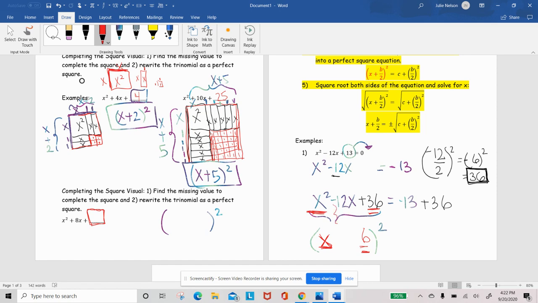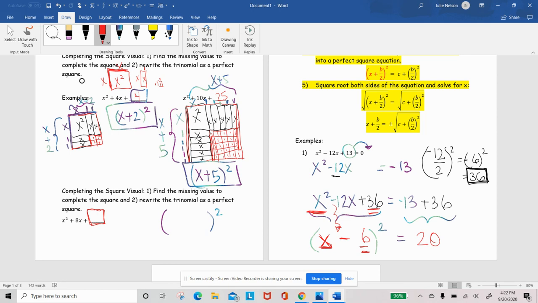Whatever the sign is in the middle, I drop it. If it's a minus sign in the middle, I put a minus. If it's a plus sign, I put a plus. On the right-hand side, I combine the negative 13 with the 36, and negative 13 plus 36 is 23.